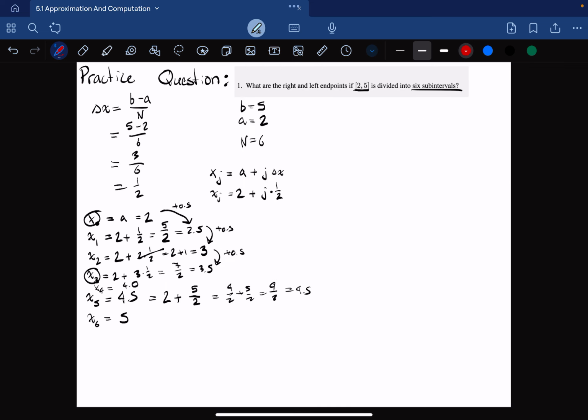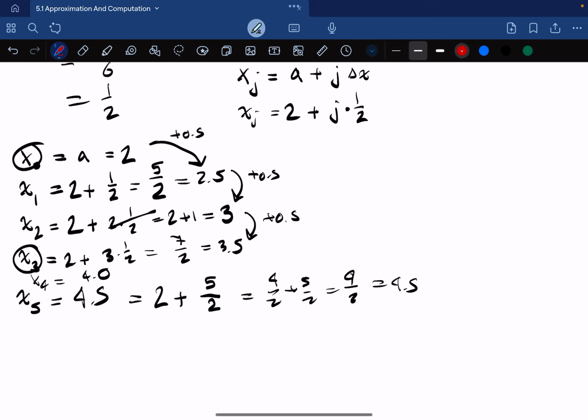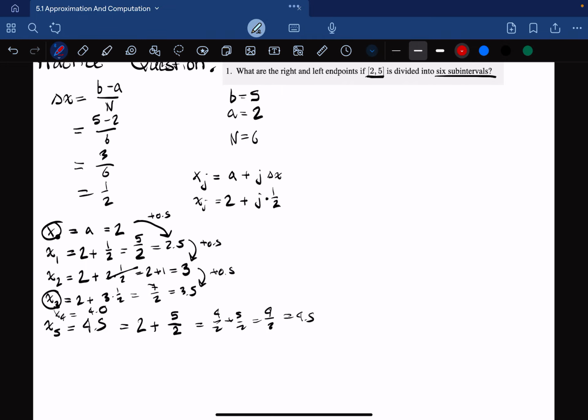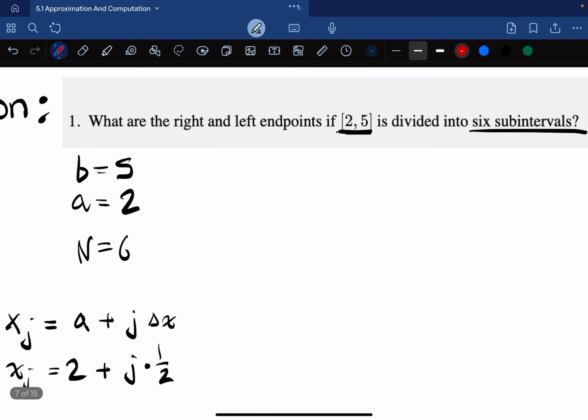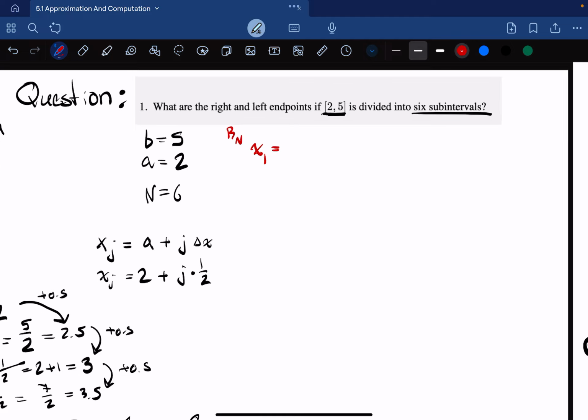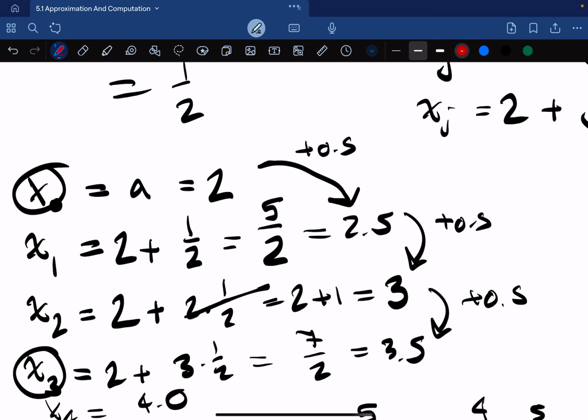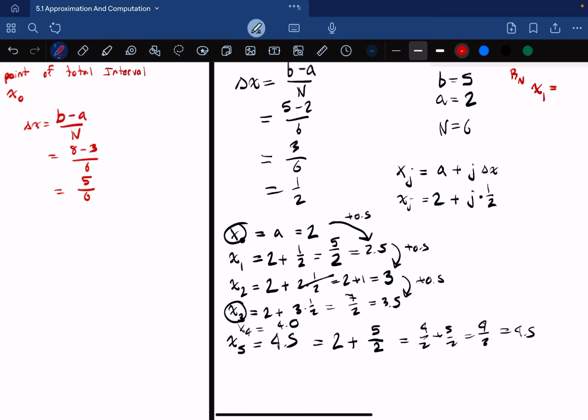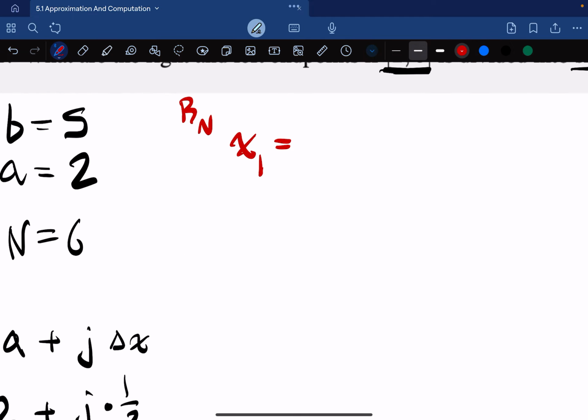This basically means that if you have the same graph for both questions and you're asked to find the endpoints, well, all you have to do is, if you've already calculated one, you can simply relate it to the other one. So what I know is that because it's on the same graph, I know that x of 1 for my right endpoint is going to be equal to the x of 1 for the left endpoint.